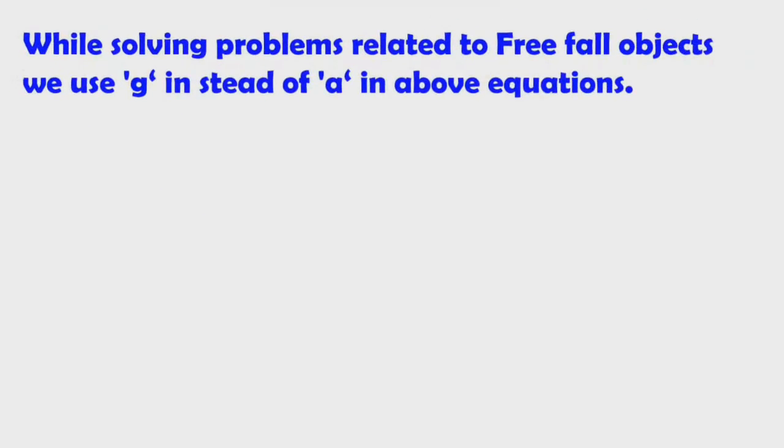While solving problems related to free fall objects, we use small g instead of small a in the above equations. Small a is the acceleration, and small g is the acceleration due to gravity.